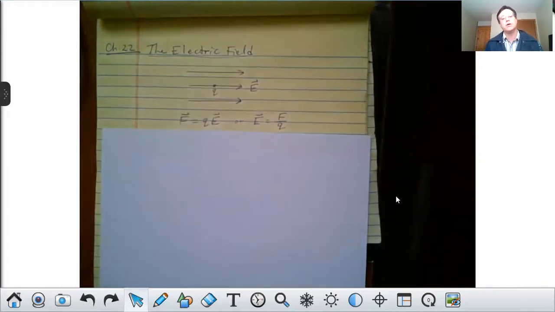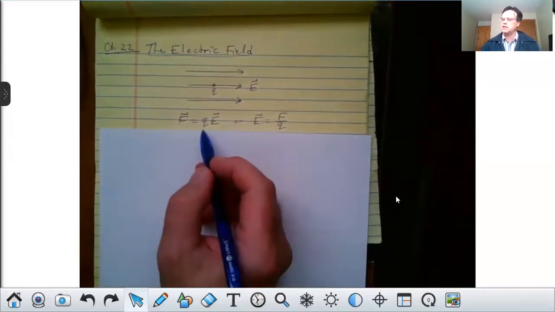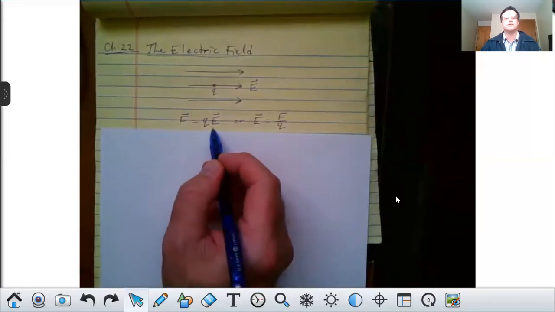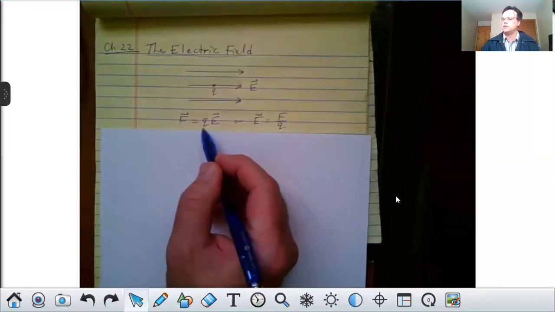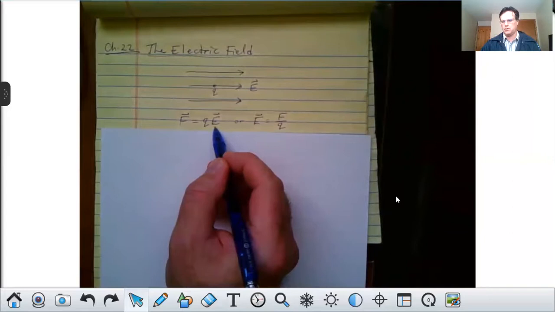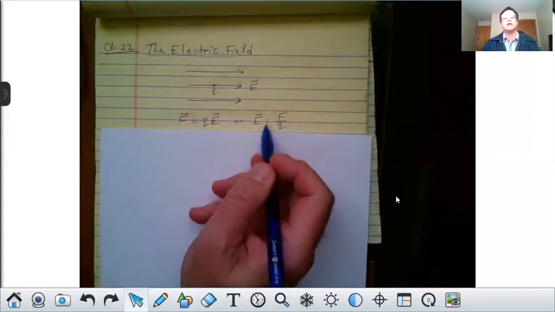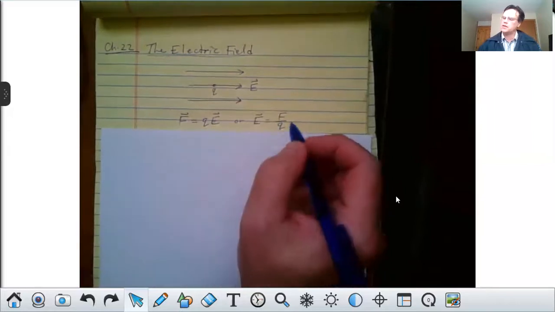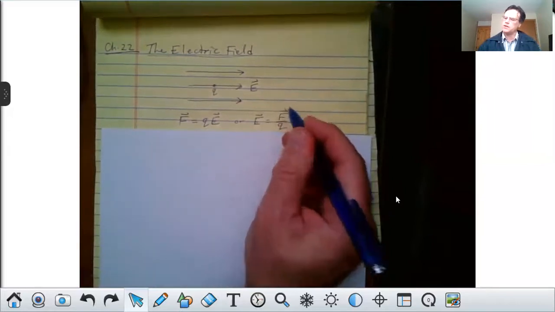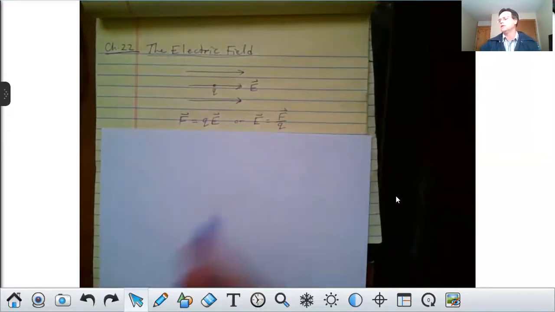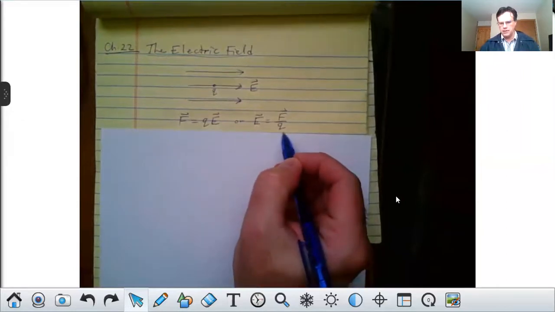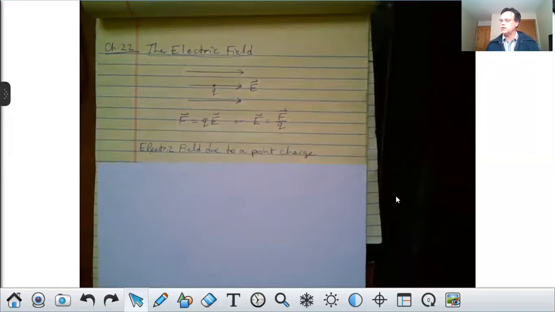To get the magnitude of the field, we just take the test charge times the field. So F equals QE. Pretty simple expression. Or you could think of it, this is the definition of the electric field. It is the force on the charge that I put in the field divided by the charge itself, right? The test charge.